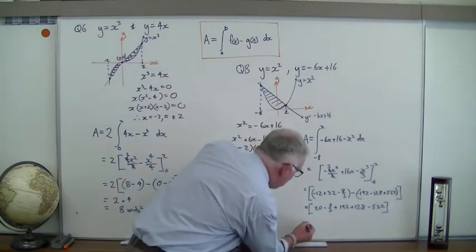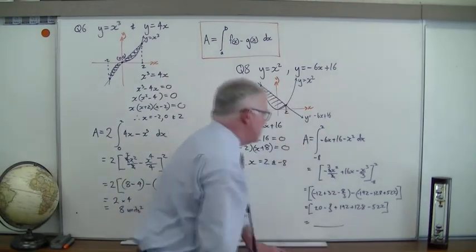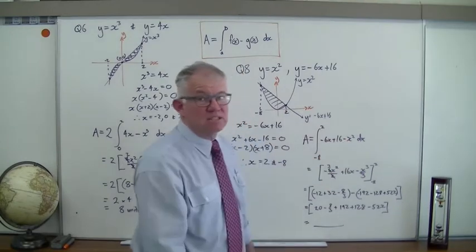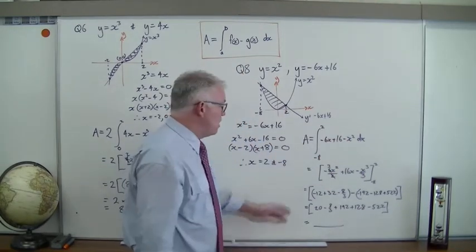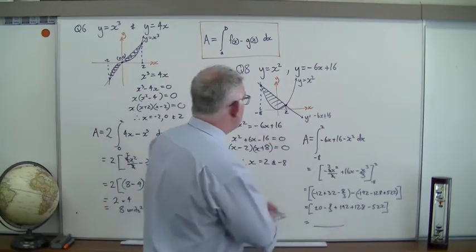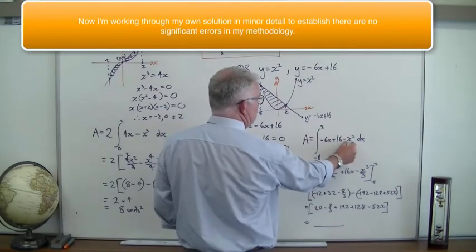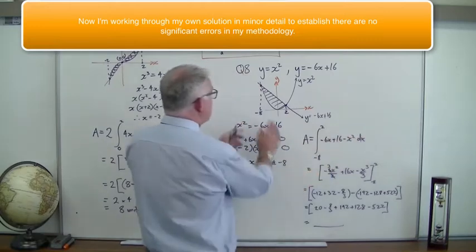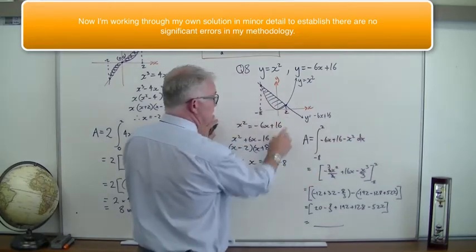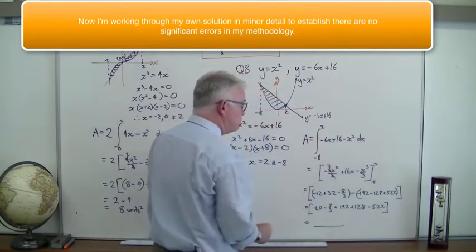As I said before, at this level of mathematics, it's the process that's important. And if I have made an error, definitely this is the upper function, and definitely this is the lower function. So that part I'm confident with. We've established the boundaries of integration, so this part I'm comfortable with.